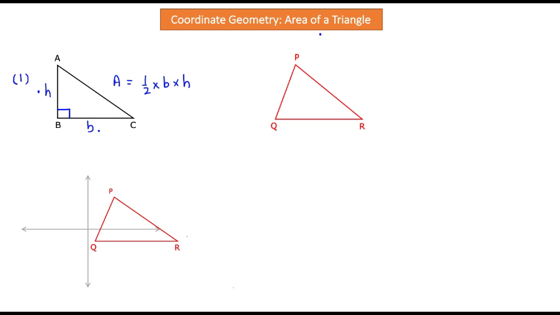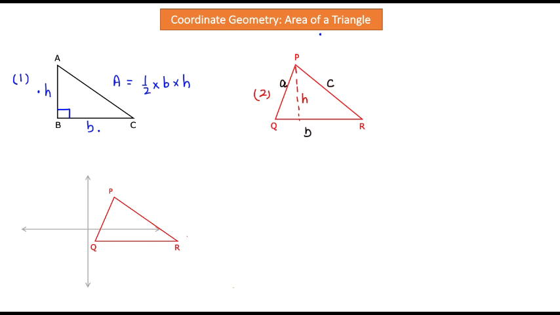base. Now take a look at this second type of triangle in which we don't know what exactly is the height of this triangle, but we know 3 dimensions, meaning the 3 side lengths of this triangle, A, B, and C. We know these values.